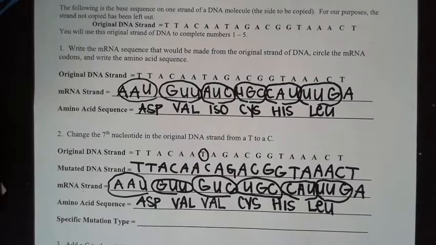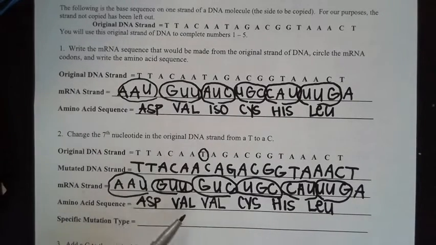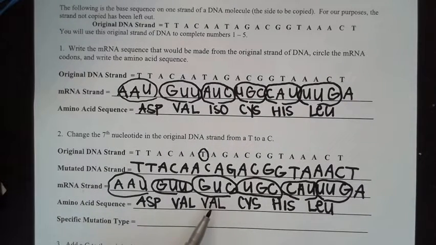So what happened to our amino acid sequence or our protein? We had asparagine, valine, isoleucine in the original. It changed to a valine because of this mutation.